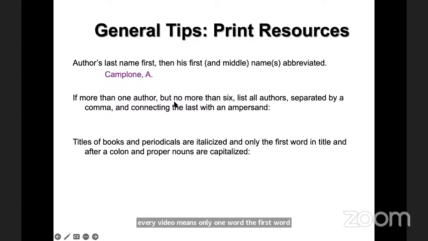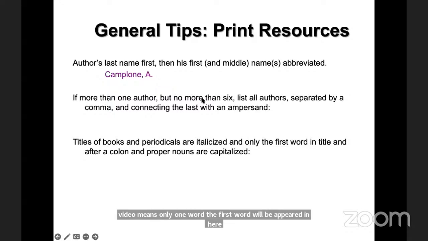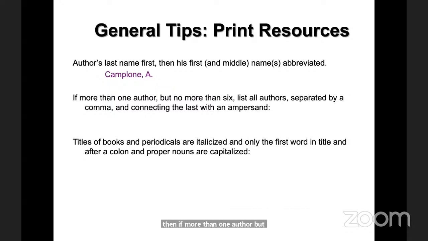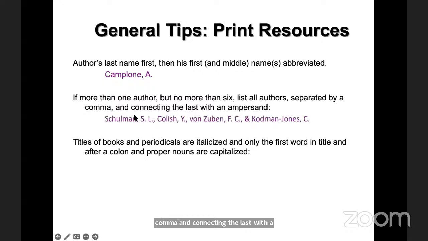Then if there is more than one author, but no more than 6, list all the authors separated by a comma and connect the last with an ampersand. So for example here, the first author's last name, then a comma, then the first and middle name initials, then a full stop, then a comma, then the same thing repeated for the second author, third author, and fourth author.